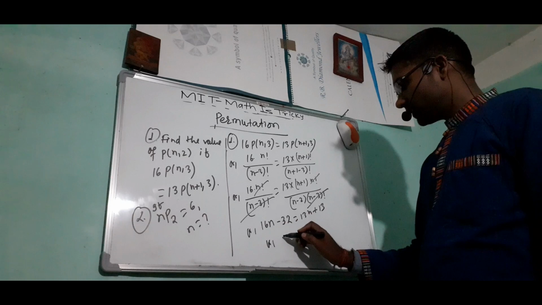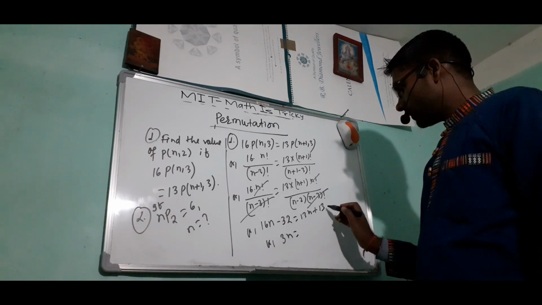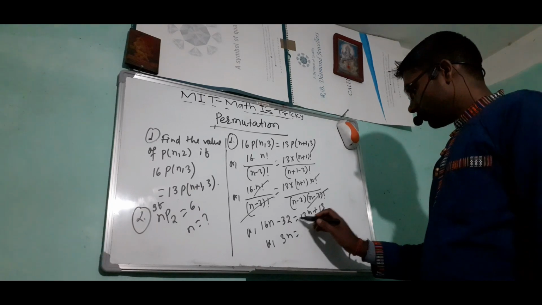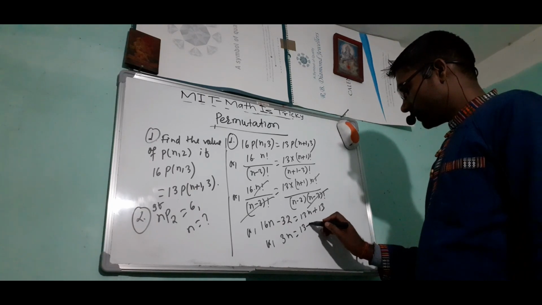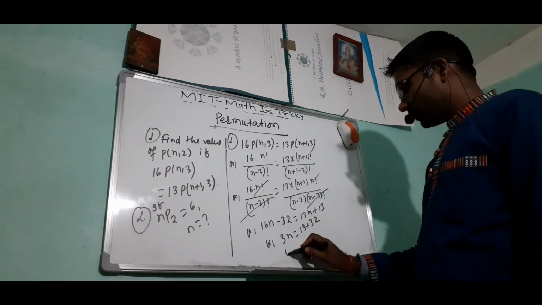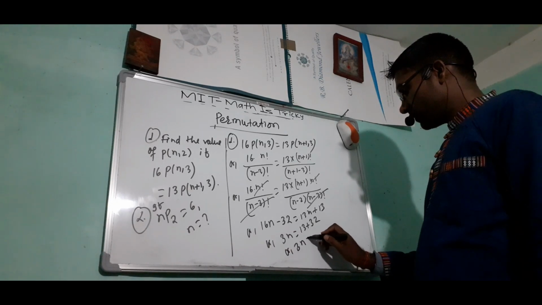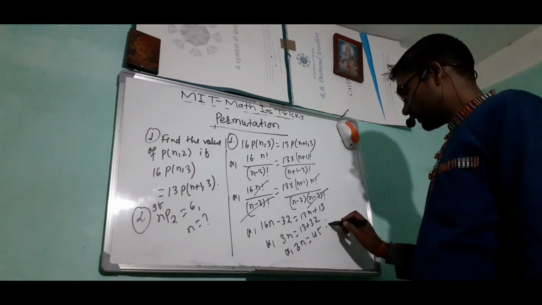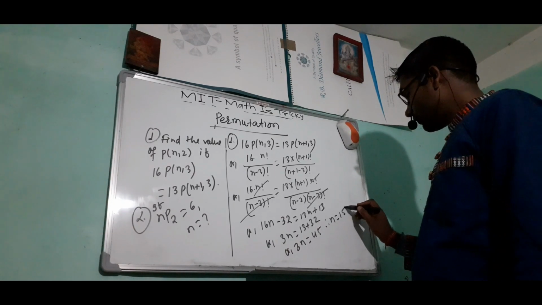So this gives 3n, and if we bring this to this side, it will be 13 plus 32. 3n equals how much? 45, therefore we can write n equals 15.